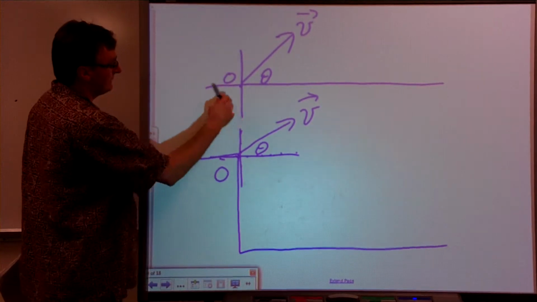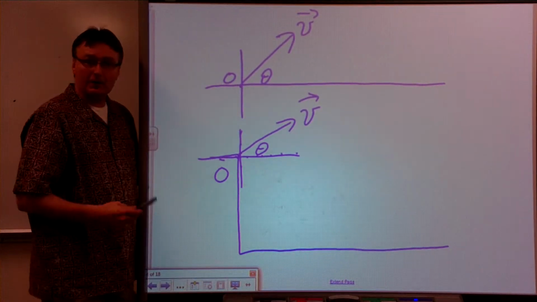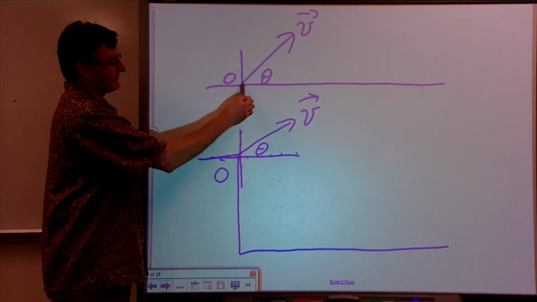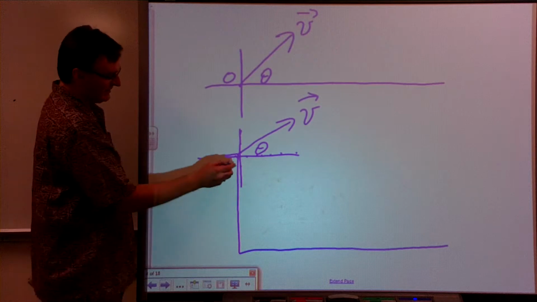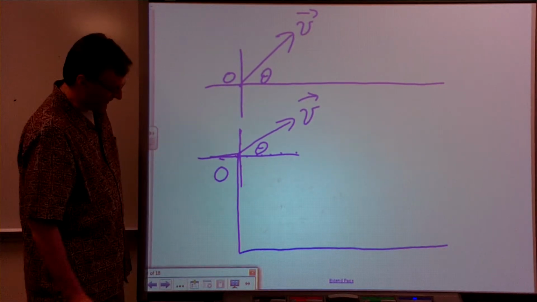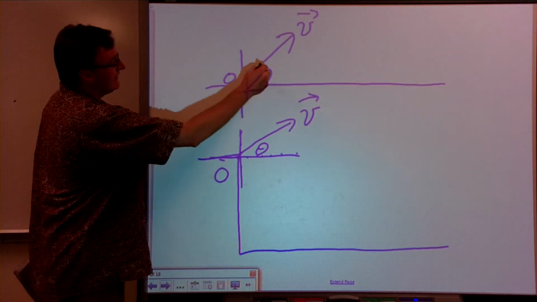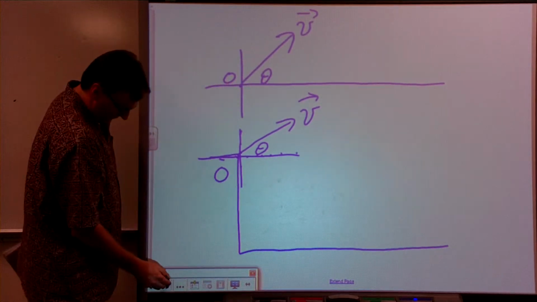First of all, we decide where our origin is going to be, and usually that's just going to be at the launch point. So generally speaking, just make the origin your launch point, and the projectile is launched at a certain angle.